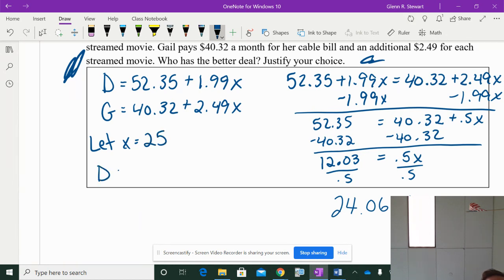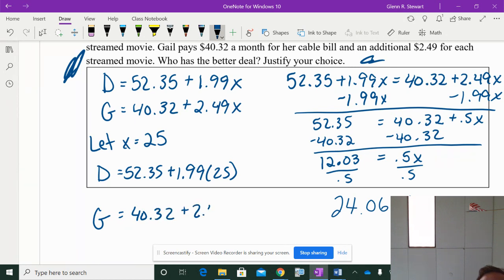So Vaughn: 52.35 plus 1.99 times 25. And then Gail had 40.32 plus 2.49 times 25. Let's go ahead and figure out what those would be.